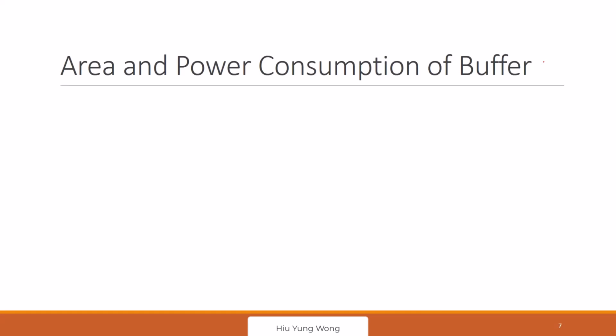So if I have an inverter chain like this, you have a very big one, and then you go to the C load. The first one may have the minimum area.